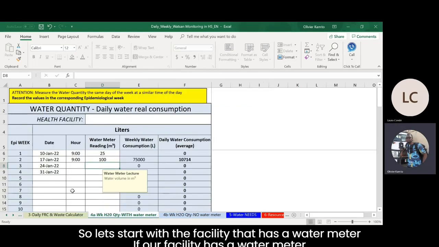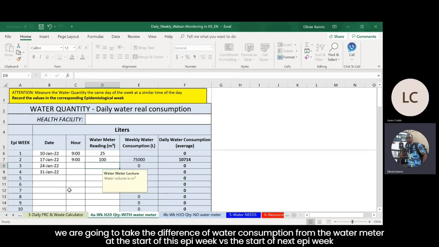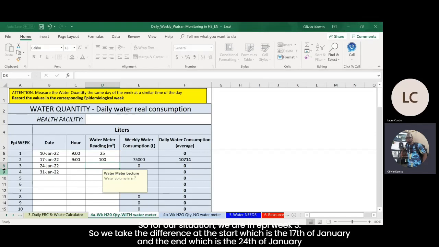If our facility has a water meter, then we are going to take the difference of water consumption from the water meter at the start of each epidemiological week versus the start of the next epidemiological week. So for our situation, we are in epidemiological week 3.